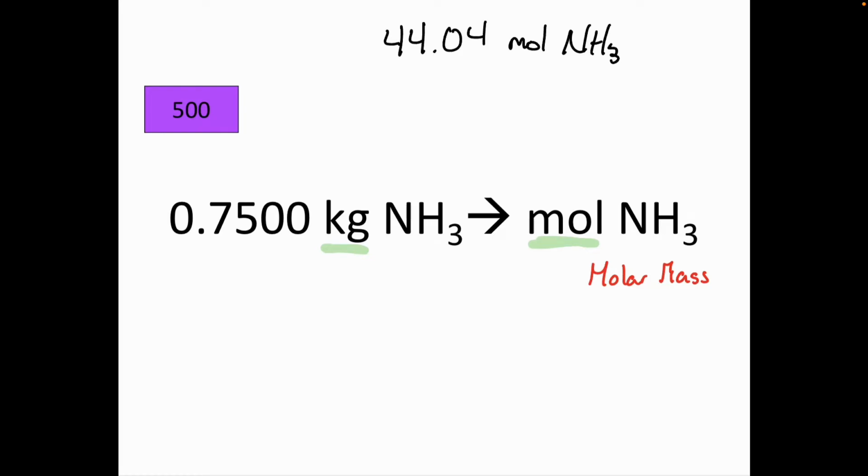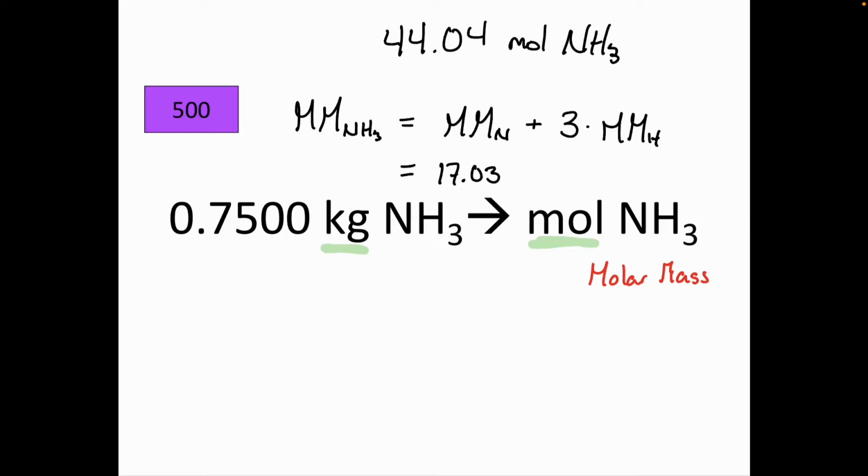Which means that I'm going to have to figure out that molar mass first. The molar mass of NH3 is going to be the molar mass of nitrogen plus 3 times the molar mass of hydrogen. And so if you got your molar mass correctly, you should have gotten 17.03056 grams per mole.